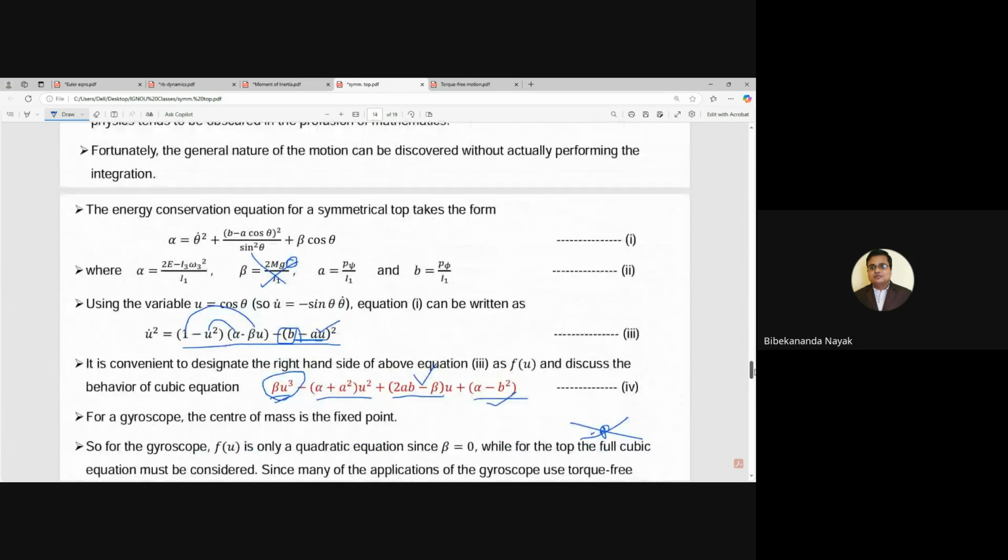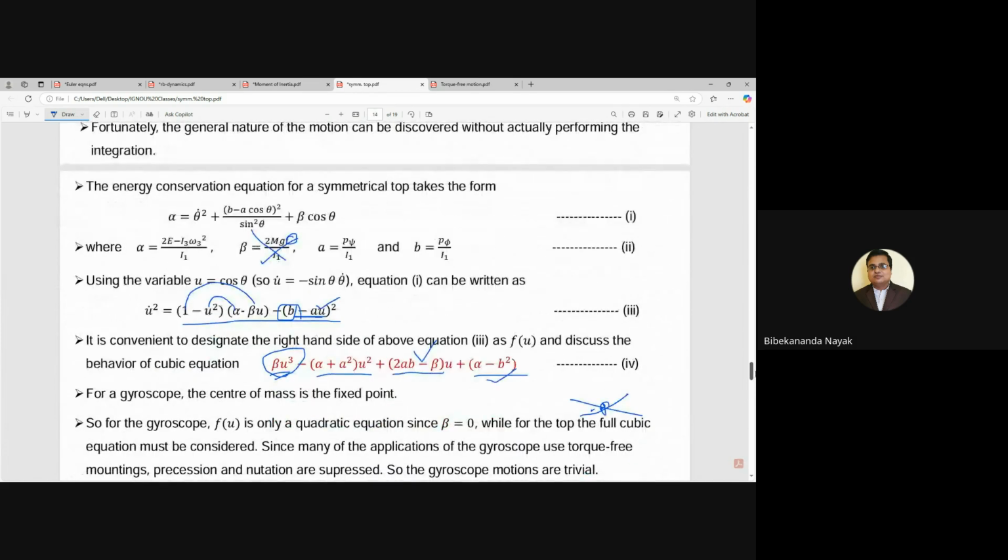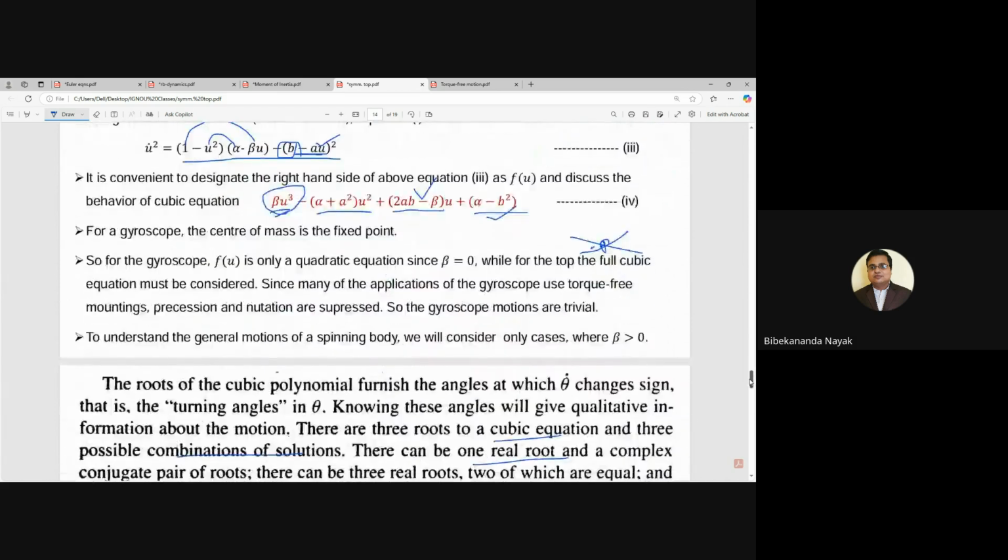So u is basically cos theta, and you know cos theta is between minus 1 and plus 1. U is only between minus 1 and plus 1.